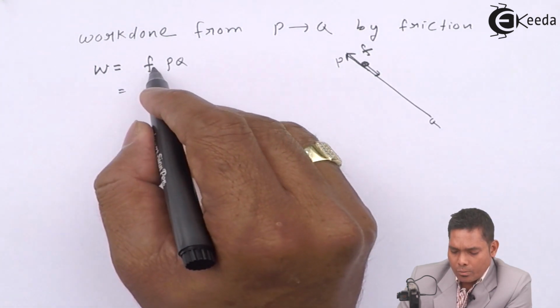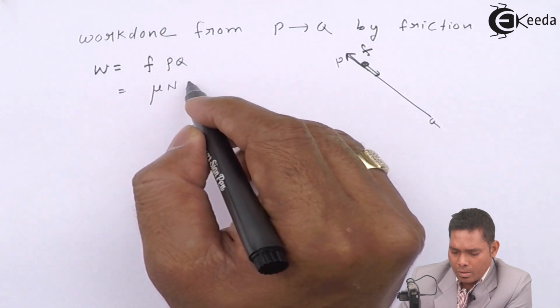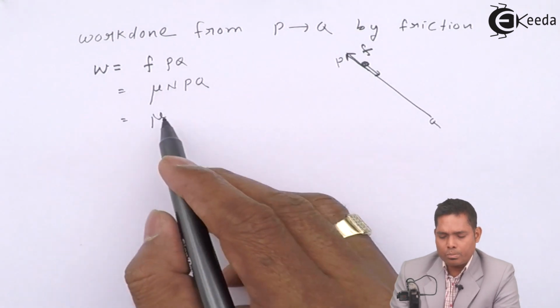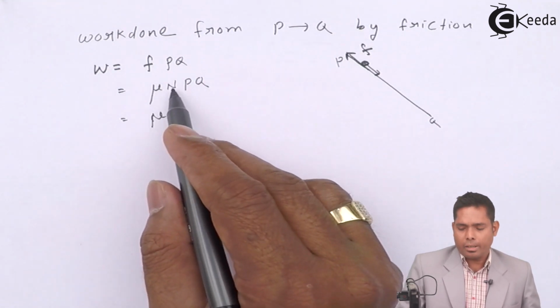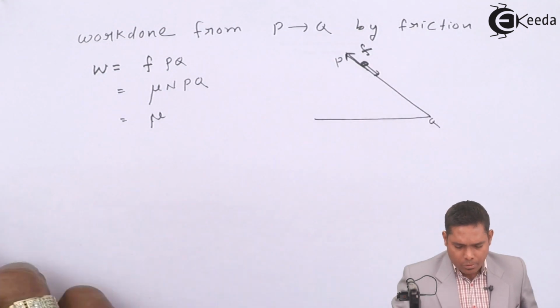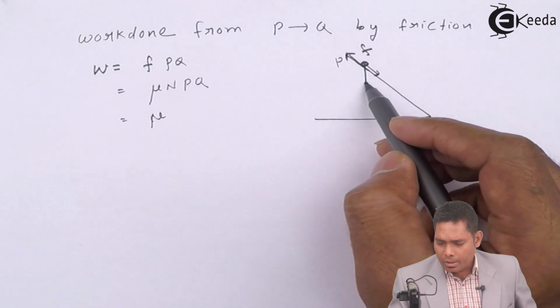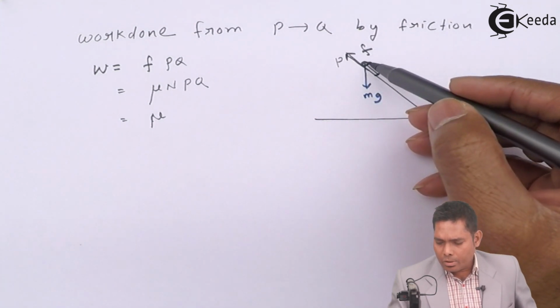And what is the force of friction? Force of friction is mu into N, and the work is mu N into PQ. Because mu is what we have to find out. And what is this N? On this inclined plane, if you draw the free body diagram of the particle, mg acts vertically downward, and this is the normal direction.